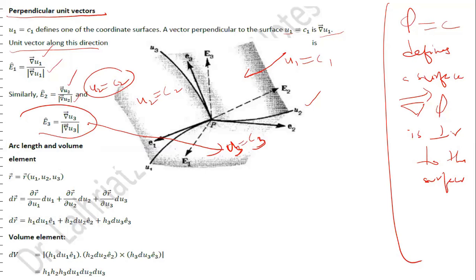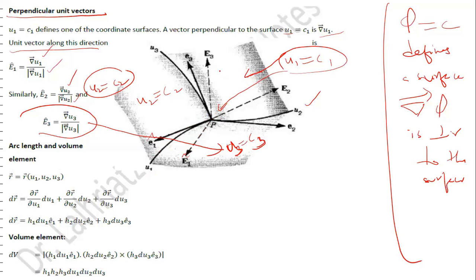Okay, perpendicular unit vectors. So here you can see from this picture, the u1 cap unit vector is tangential to this coordinate curve u1 at this point. However, E1 cap, the perpendicular unit vector, is perpendicular to the u1 equal to c1 surface at this point.